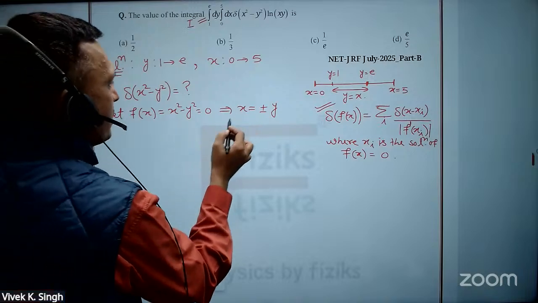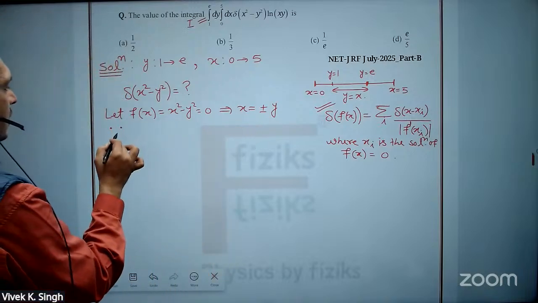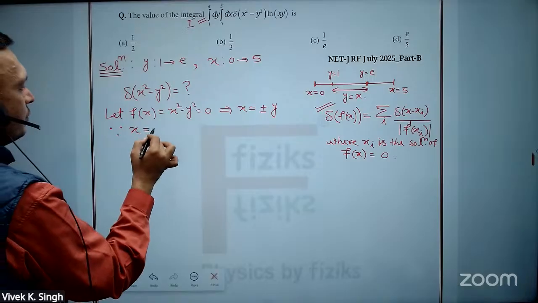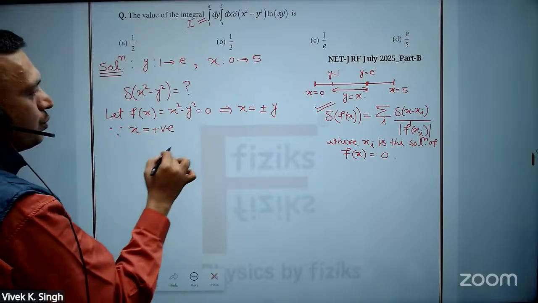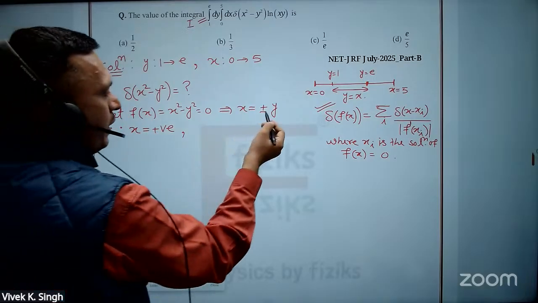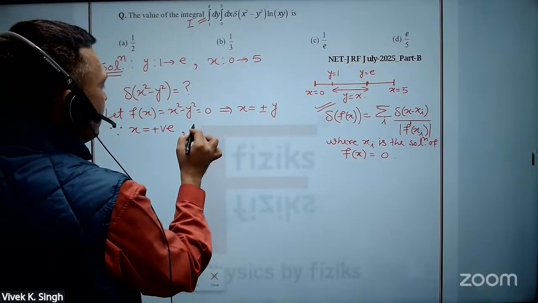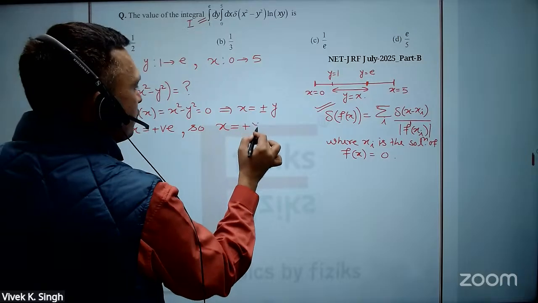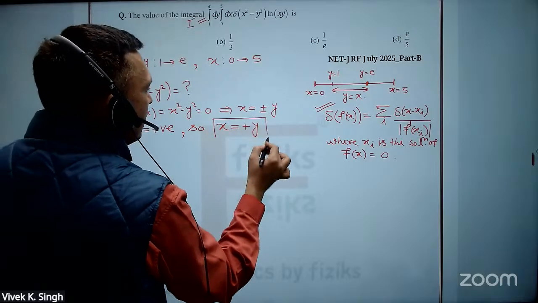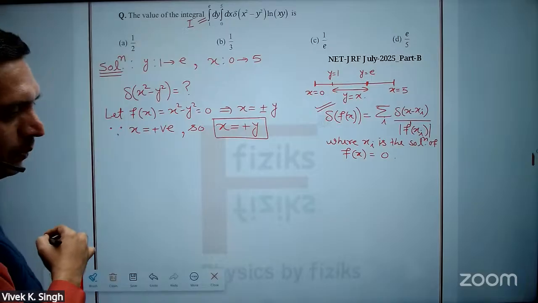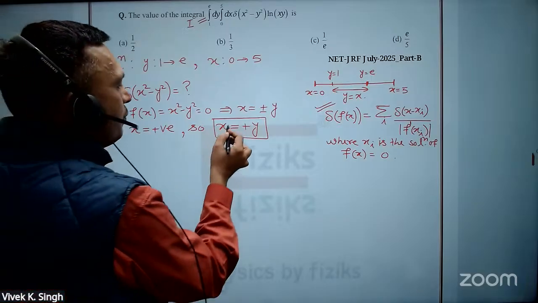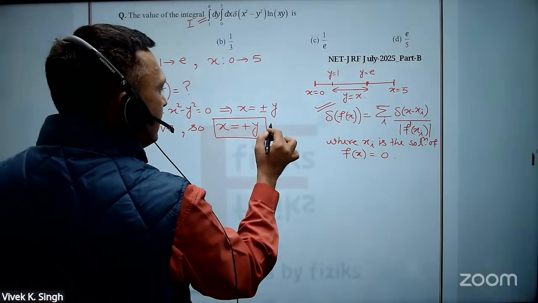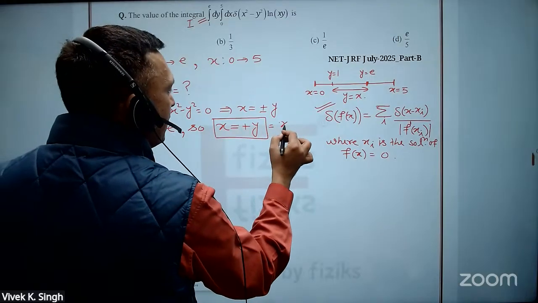But x is positive here, so we take only the positive value. So I will take x equal to plus y only. So there is one value of xi, here x1 only.